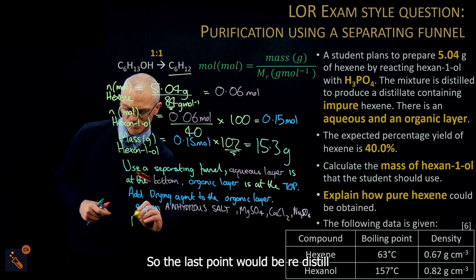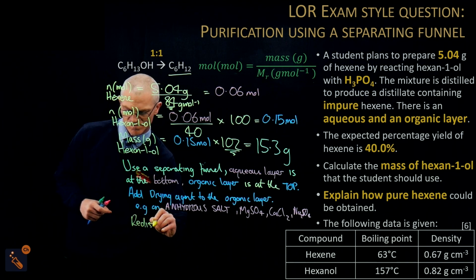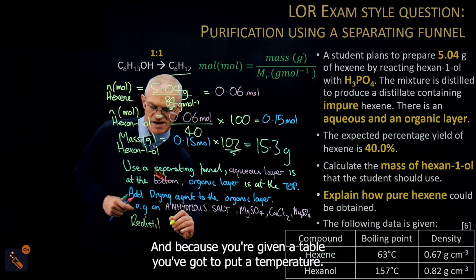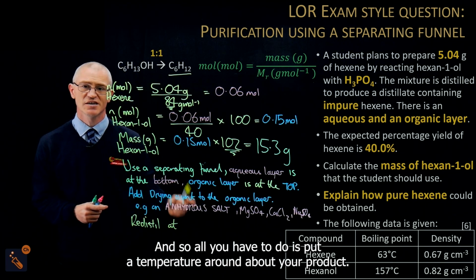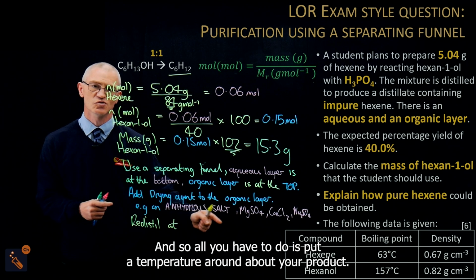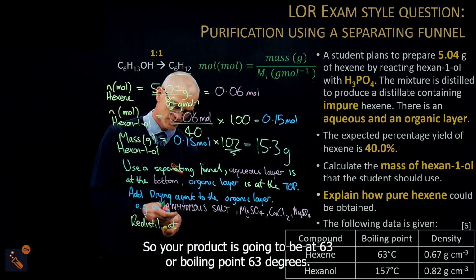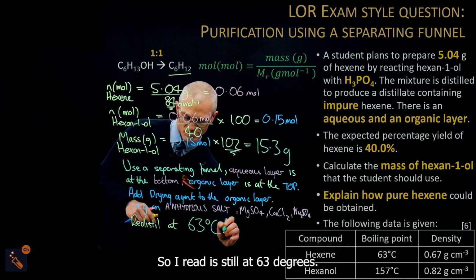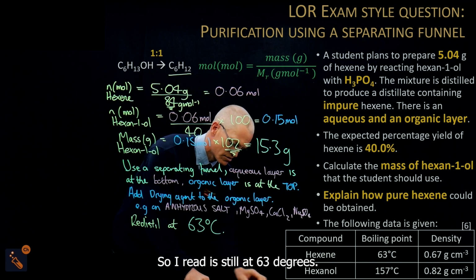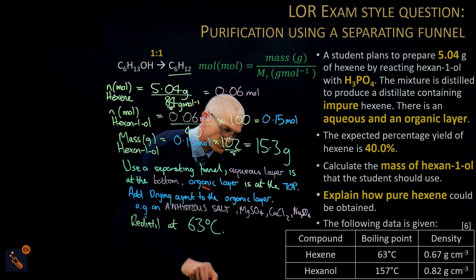So the last point would be redistill. Because you're given a table, you've got to put a temperature in. So all you have to do is put a temperature around about your product. So your product is going to be at 63, or boiling point at 63 degrees. So I will redistill at 63 degrees.